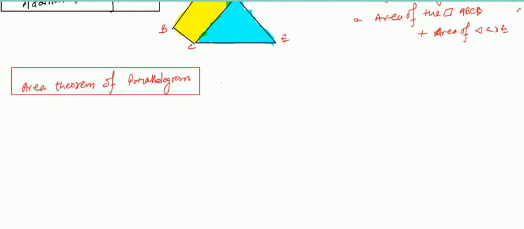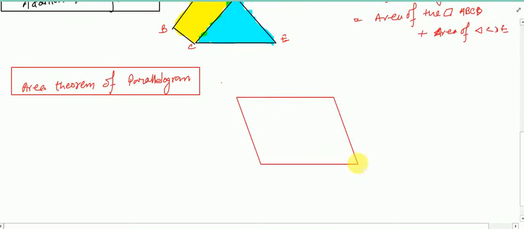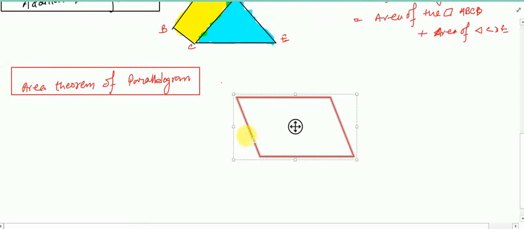In these cases, we need to consider a parallelogram like this. So this is a parallelogram we have, and there should be a diagonal like this.